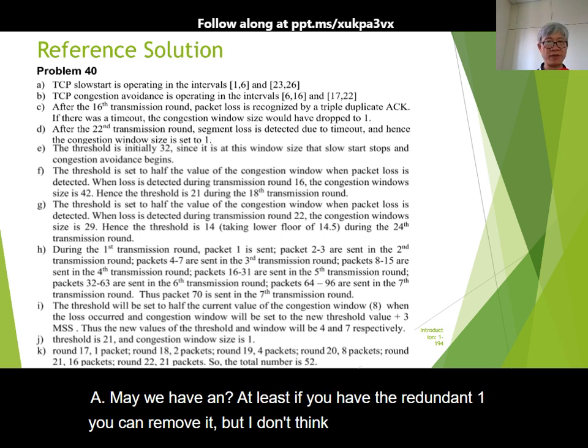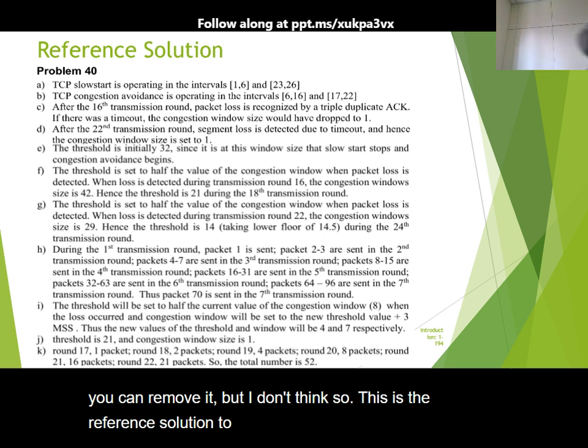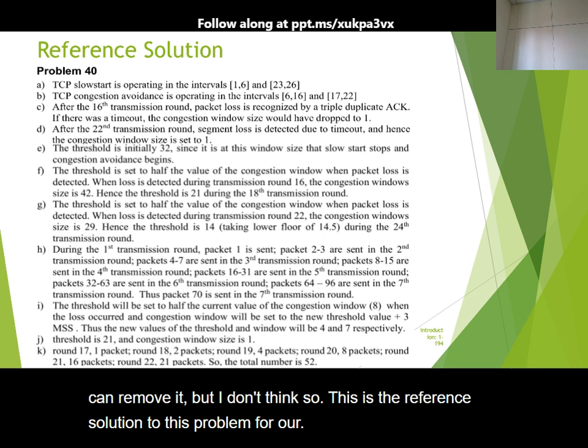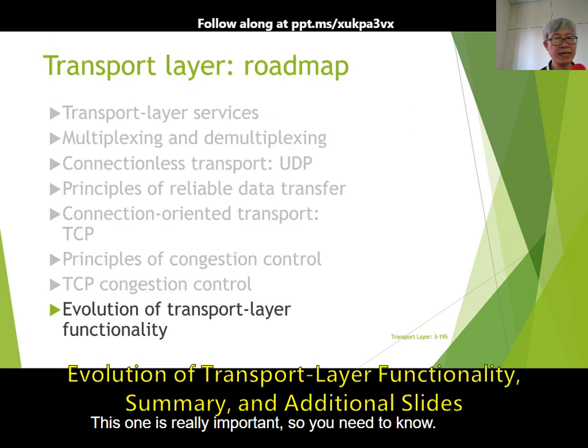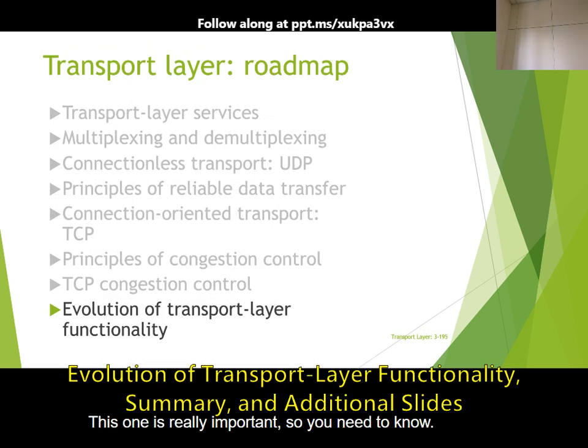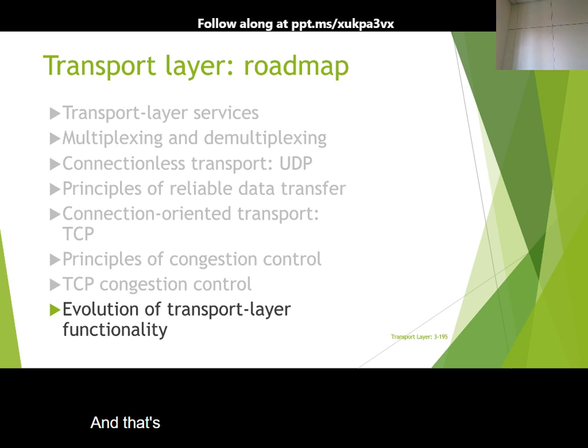So this is the reference solution to this problem for our thin pair shell. And in fact, this one is really important, so you need to know. And next one, evolution of transport layer functionality.